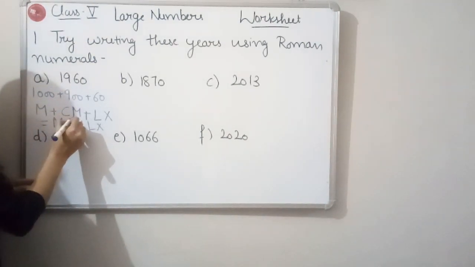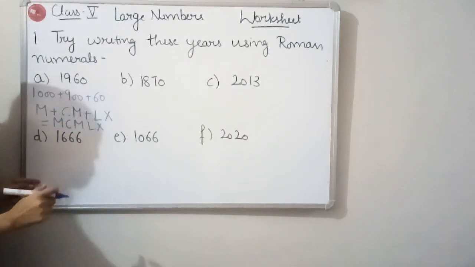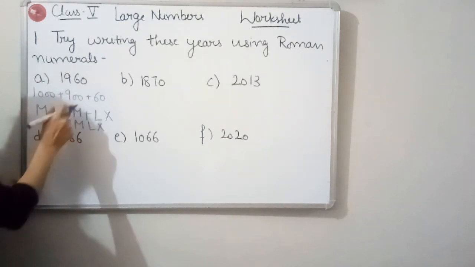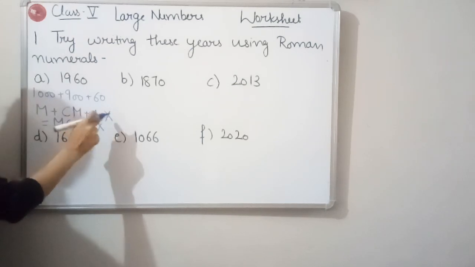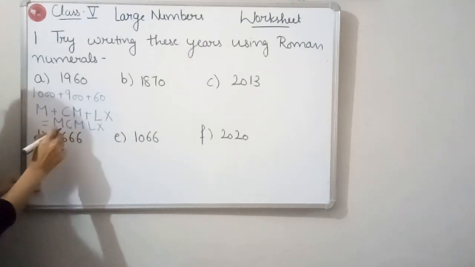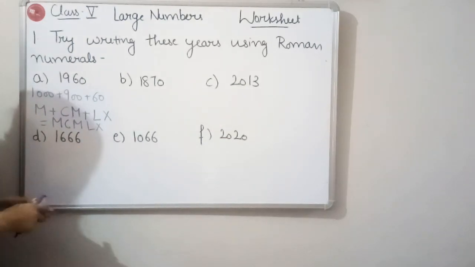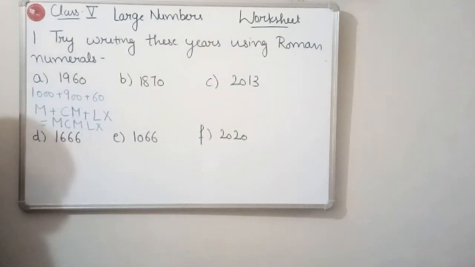So if we write C on the left hand side of 1000, this will become 900, because 1000 minus 100 is 900. Plus 60. 60 is 50 plus 10. So now we can write them collectively, M, C, M, L, X. So this is the solution of A part.